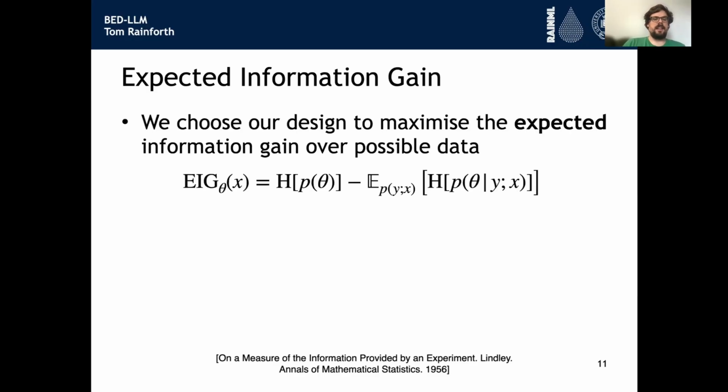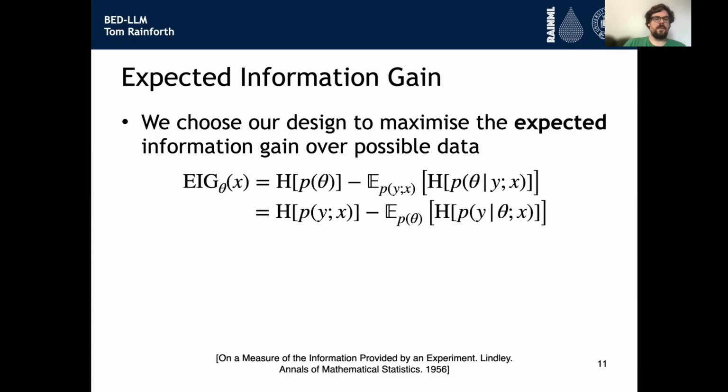And that is just to take an expectation of this information gain over the possible data. So the expected information gain in theta is the entropy of the prior over theta minus an expectation over the possible data of the posterior entropy over theta.